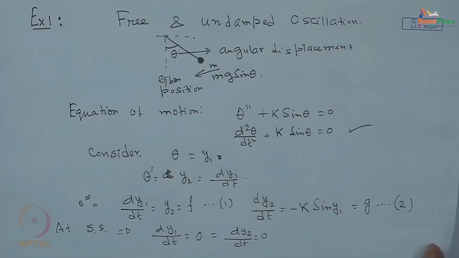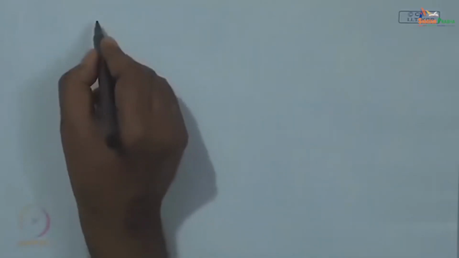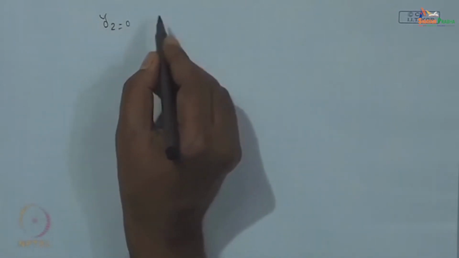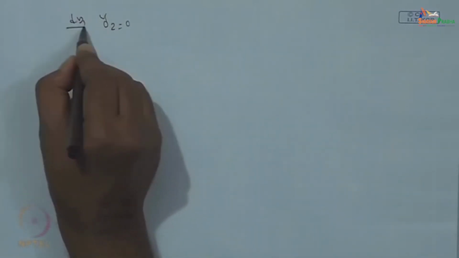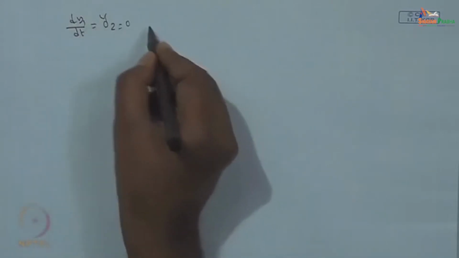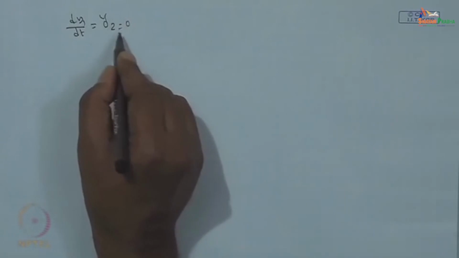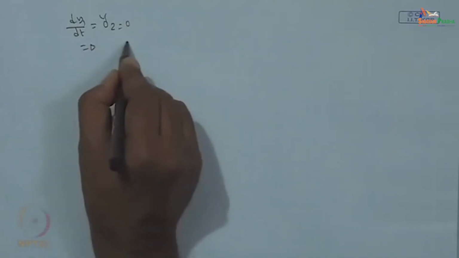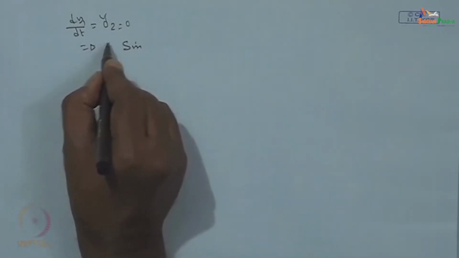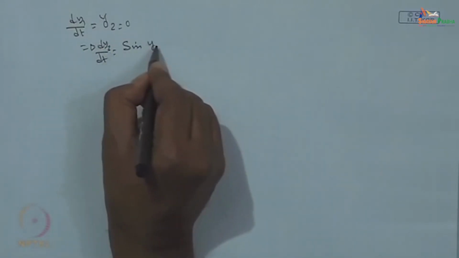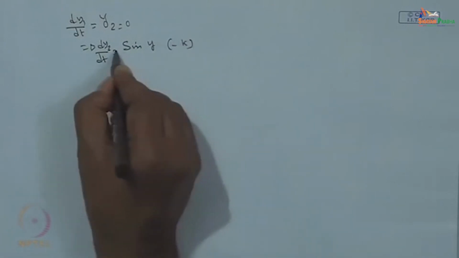Therefore, we get y2 equal to 0, since dy1 dt is equal to y2, that is one steady state. And at the steady state, dy2 dt equal to 0 gives minus k sin y1 equal to 0.